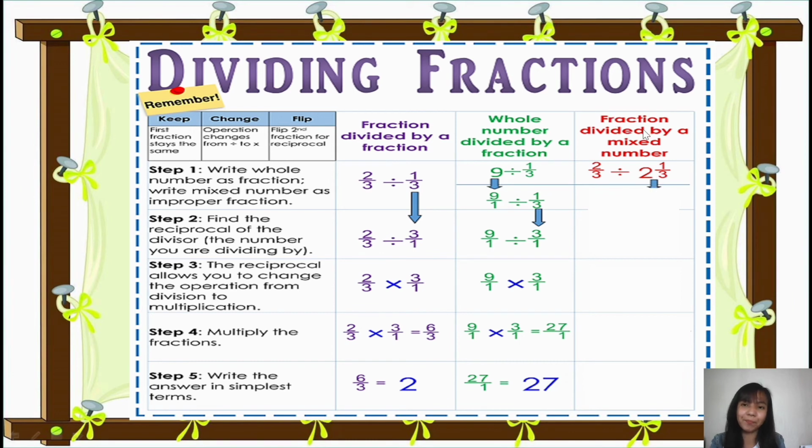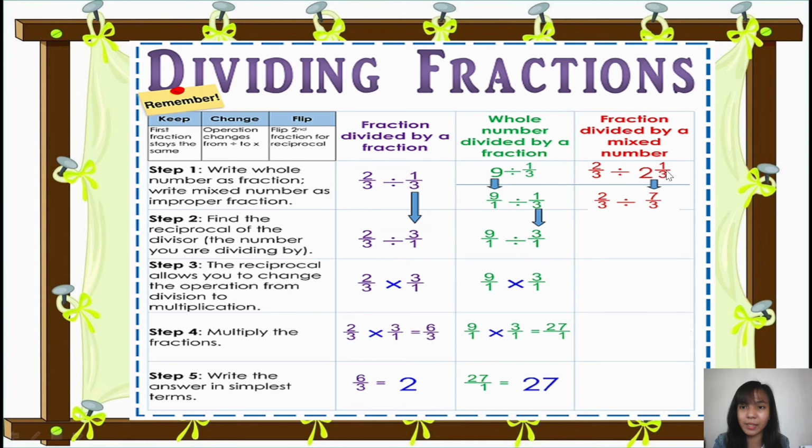Okay, last one. A fraction divided by a mixed number. So 2 over 3 divided by 2 and 1 over 3. First, write the mixed number as an improper fraction. So 2 over 3 divided by 7 over 3. How are we going to convert this one? Just multiply 3 times 2, 6, plus 1, 7.